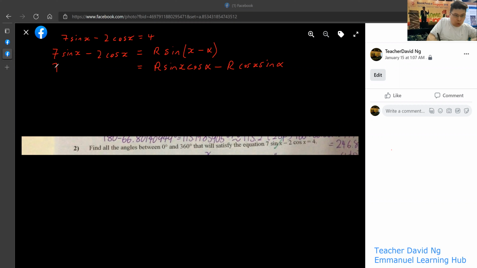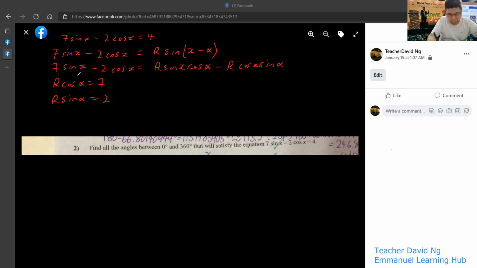So if you were to do a comparison of your coefficients, you would notice that your R cosine alpha is 7 and R sine alpha is 2. The reason is because there's 7 sine x. 7 sine x minus 2 cosine x is your R sine x cos alpha minus R cos x sine alpha.